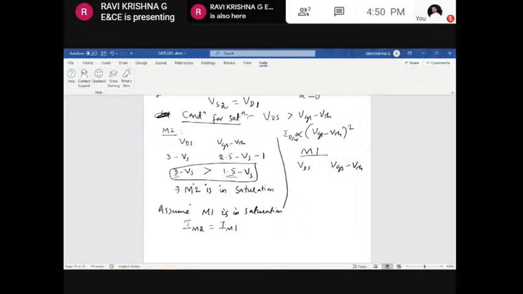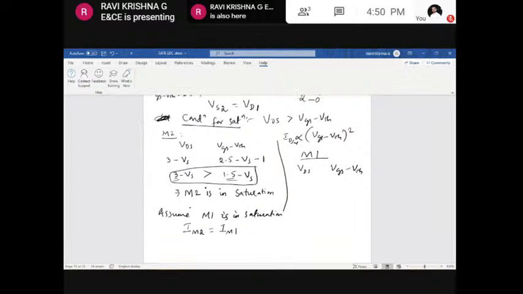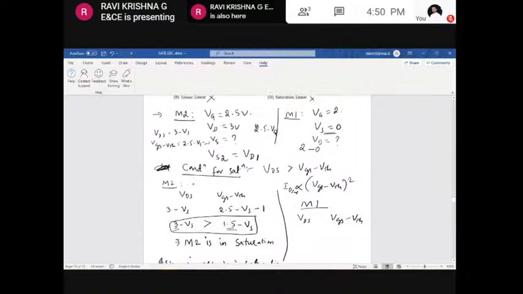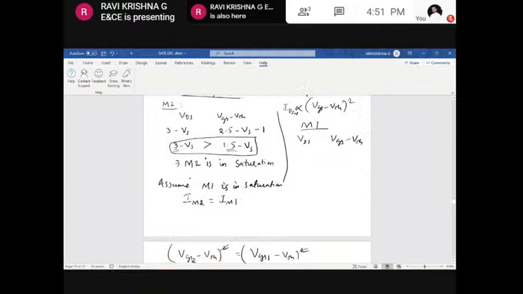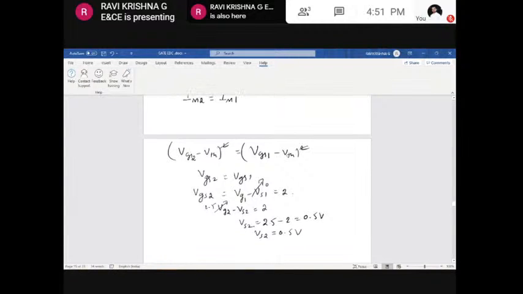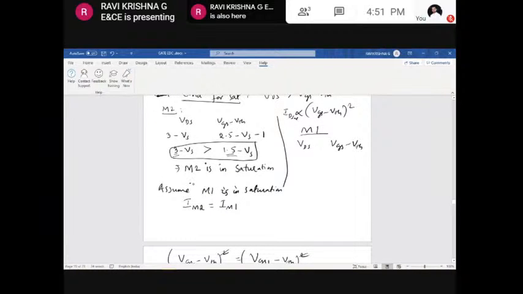What happens to the value of VDS here? For M1, we don't know the drain voltage. The drain voltage of the transistor M1 is equal to the source voltage of the second transistor. But what is the source voltage of the second transistor? That is 0.5.